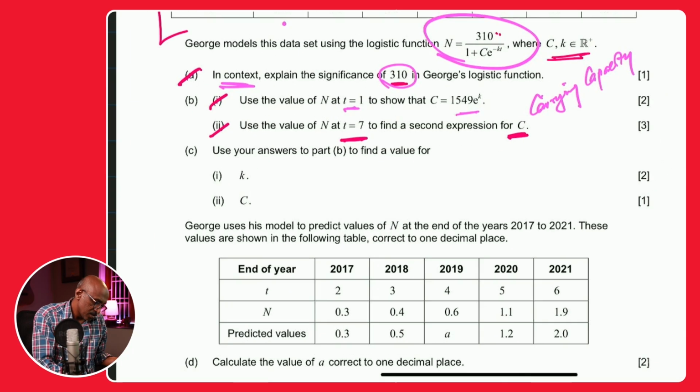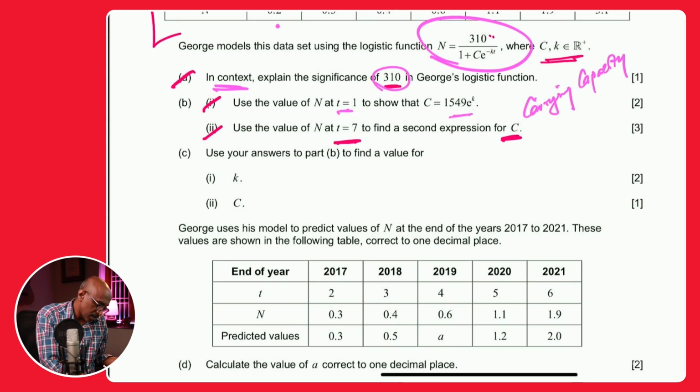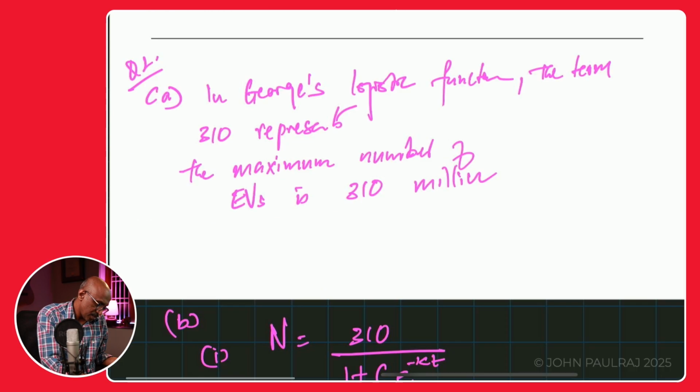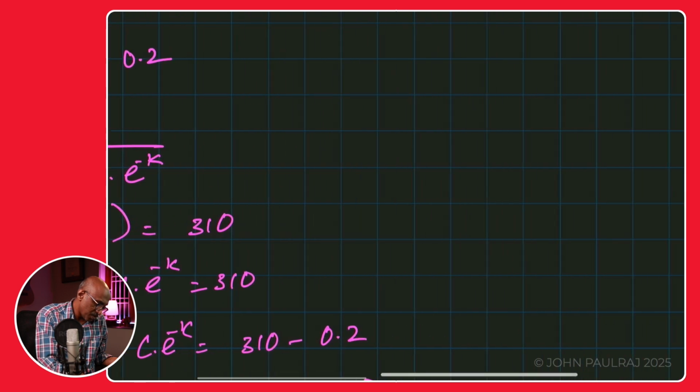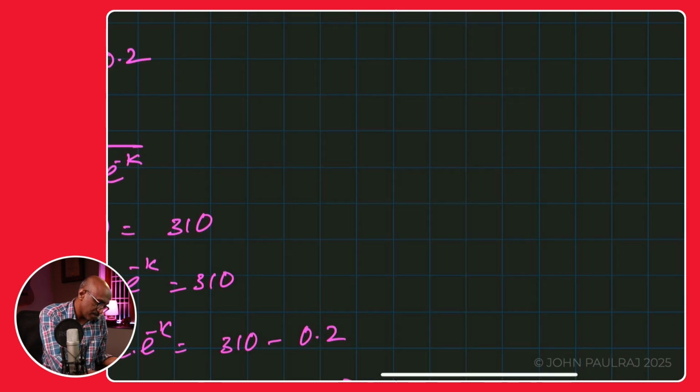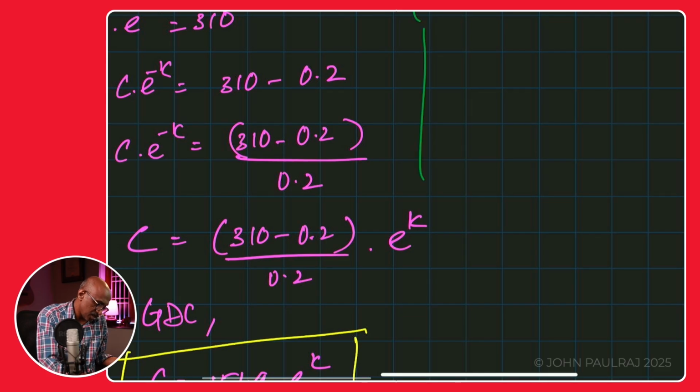Okay, so we already got c is equal to this one, at t equals 1, and now we are using the value at t equals 7, this one, 3.1 at t equals 7. We want to find an expression for c. Let's do that. So this is b part 1. Let me just draw a line so that we can have the two part b's adjacent to each other.